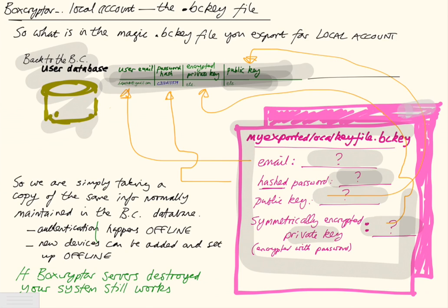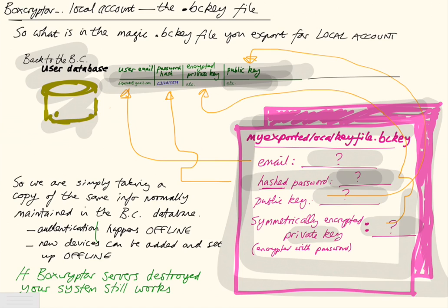And if I want to install a new device, then all I need to do is make sure that I keep hold of this BC key file, and then install that BC key file on the new device. And from then on, every time I log into Boxcryptor on that device, I'm going to be authenticating with the hashed password inside that file.